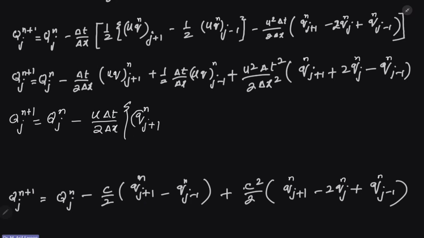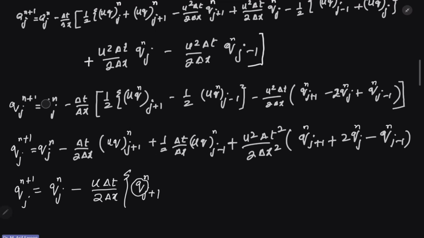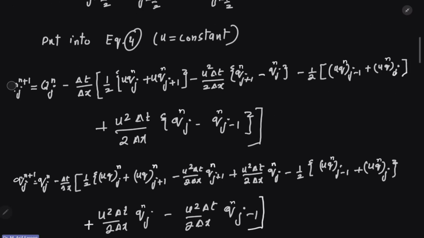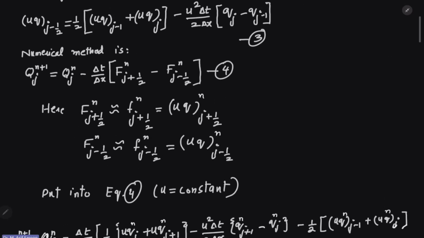Remember that all these values will be q n j as well, since your variable is q n plus 1 j. So this also becomes q n plus 1 j, and so on. Okay, we have to replace it. For consistency, I am replacing all these values with small q. So this remains the same, right?